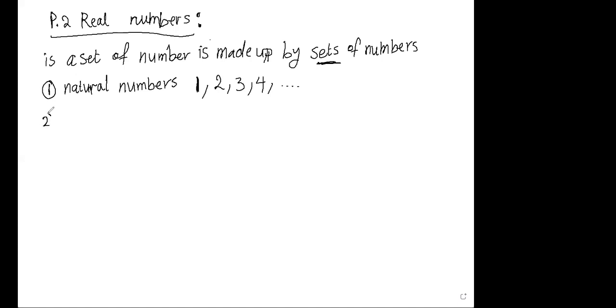The second set that makes up the real numbers is integer numbers. What are integer numbers? Every number on the number line?